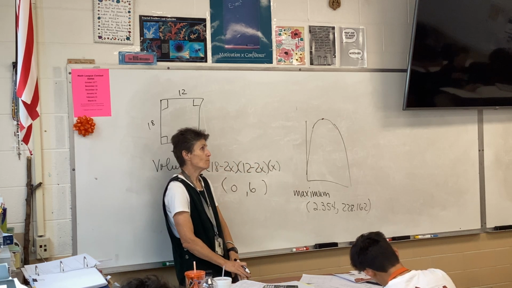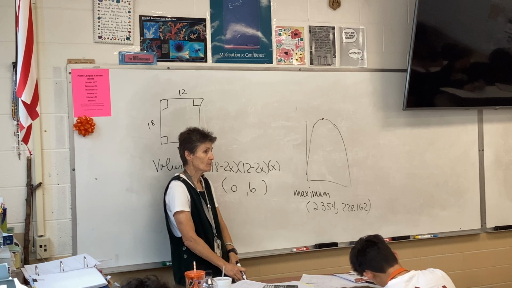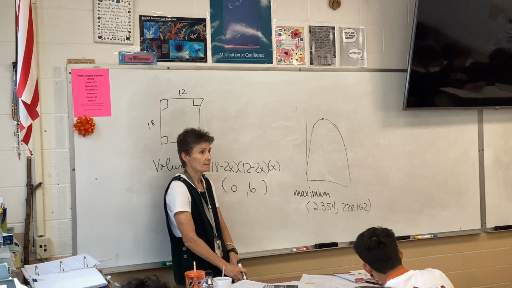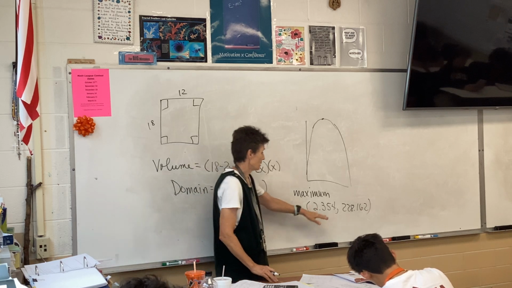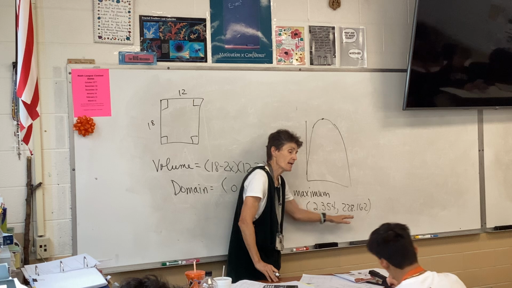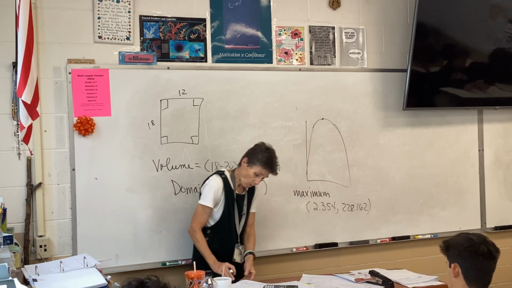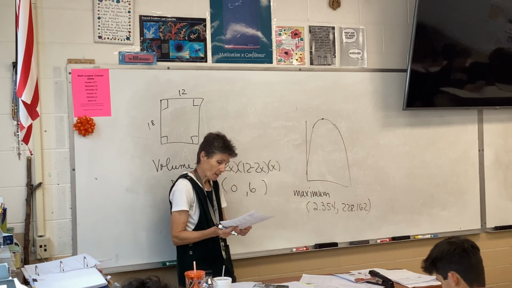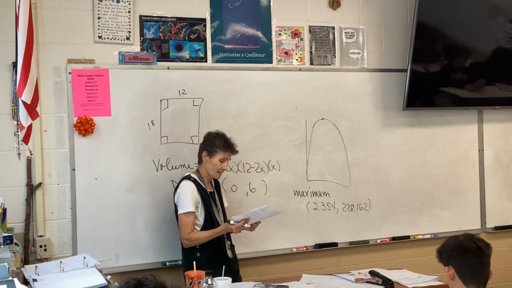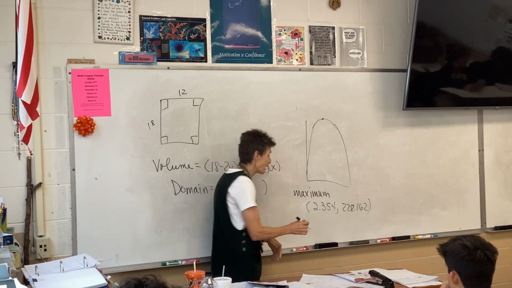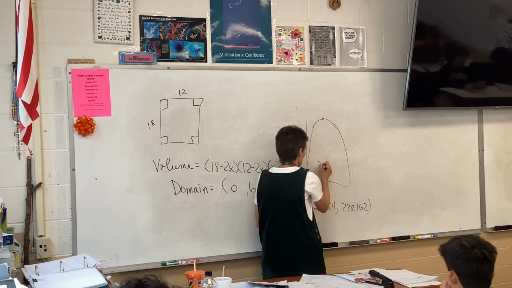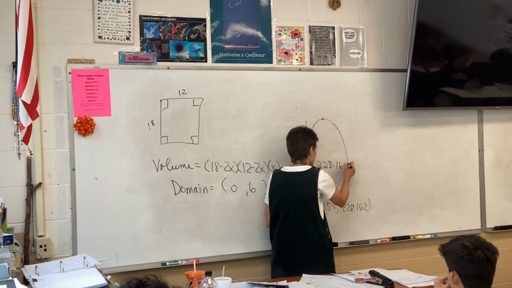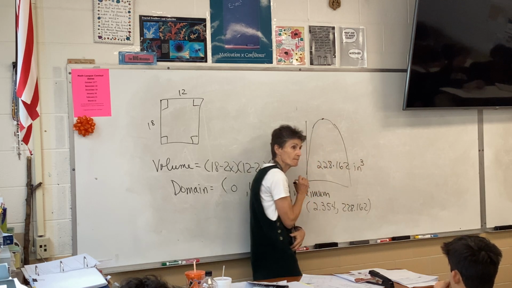Every time you find a maximum on your calculator, every time, you are going to get a point, an X and a Y. The question says, maximize the volume. So the maximum volume is 228.162 cubic inches.